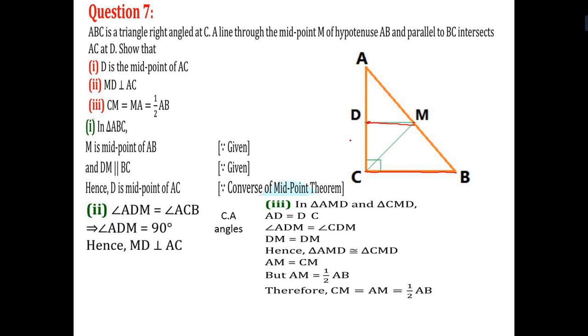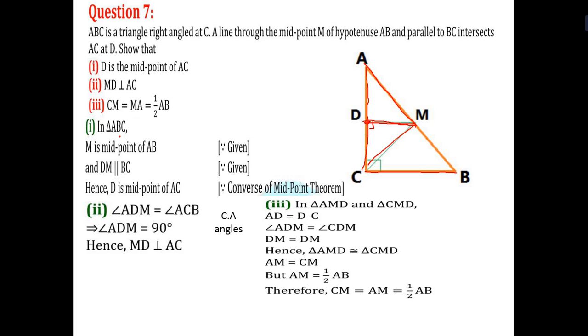D is the midpoint of AC. MD is perpendicular to AC, means it is a right angle. And DM is equal to CM is equal to MA is equal to half AB.